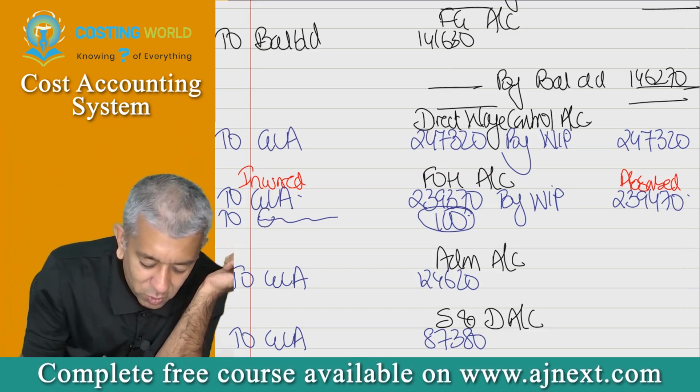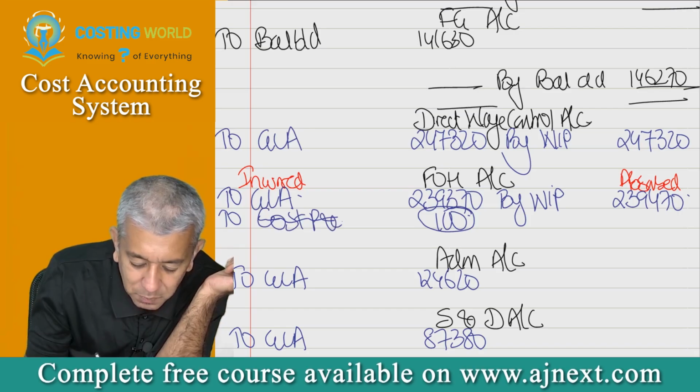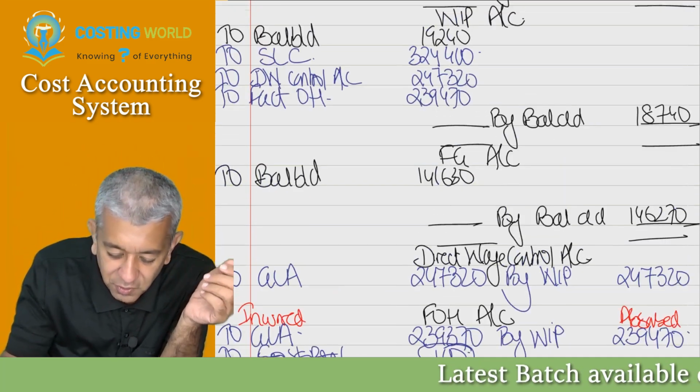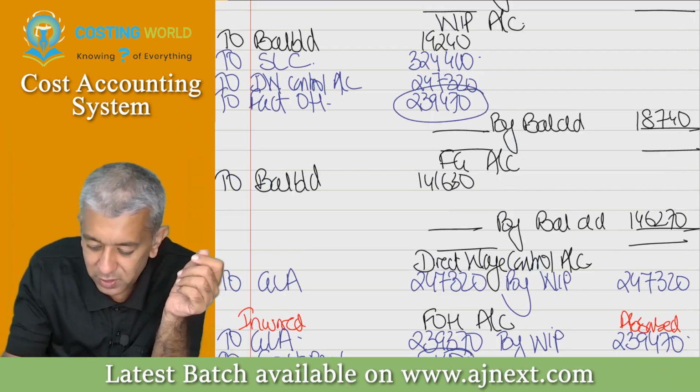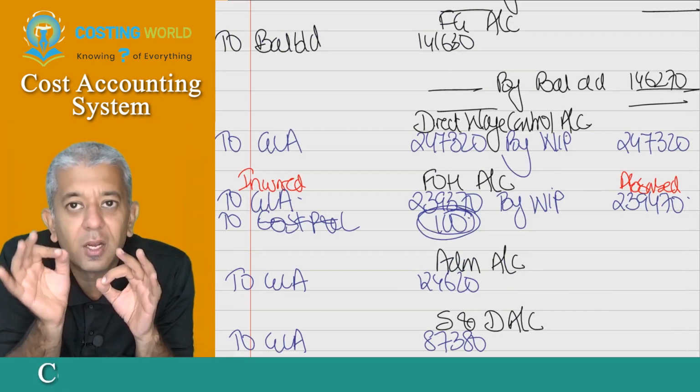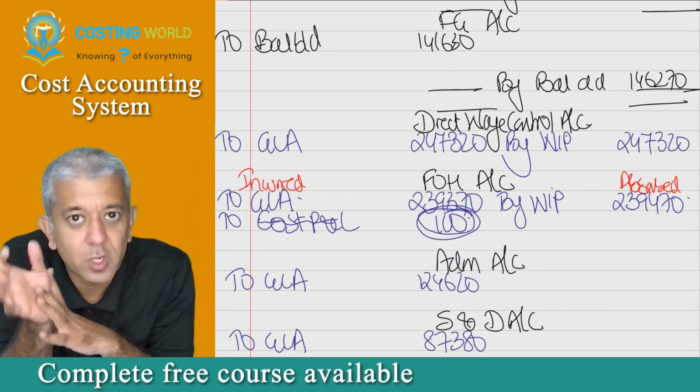If I follow, say, the costing P&L method, for example, then you'll understand. First, I wrote the absorbed amount over here, and then I adjusted my under or over absorption in costing P&L.